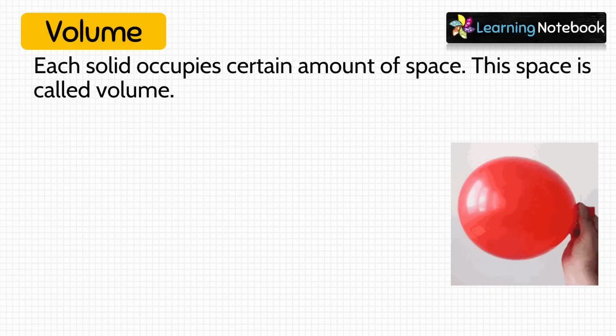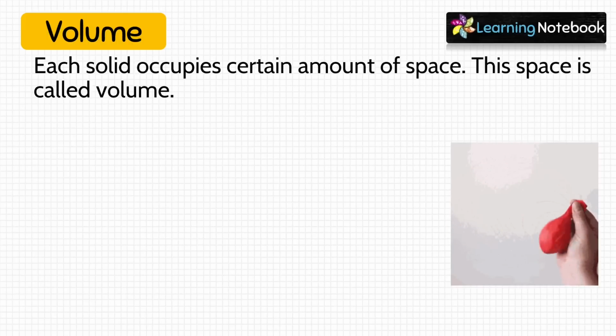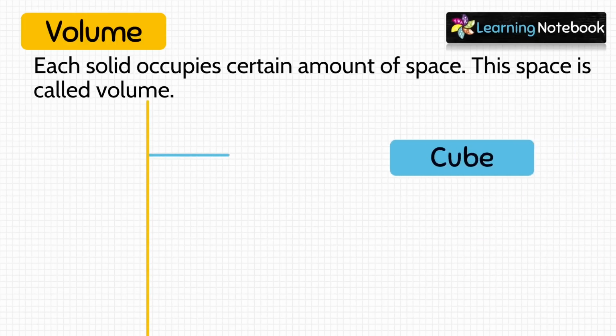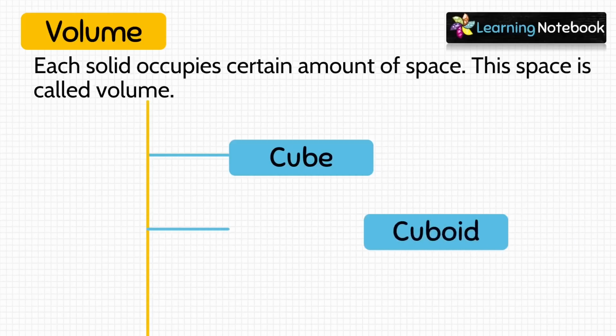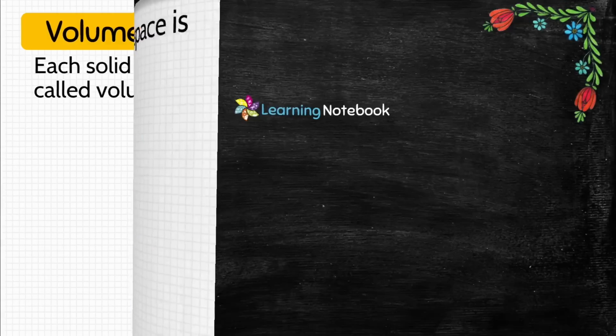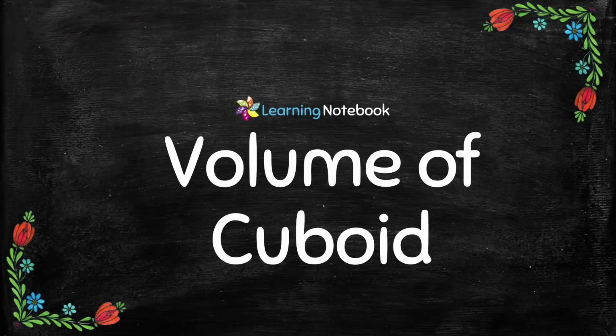And objects of different sizes have different volumes. In this chapter, we are going to learn volume of cube as well as volume of cuboid. So let's first understand volume of cuboid.